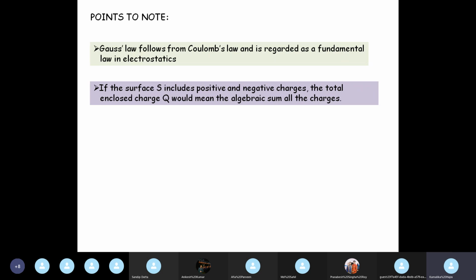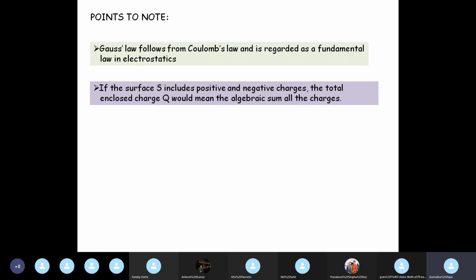So if we are applying Gauss's law to a closed surface in which the total charge is capital Q and there are discrete charges, then the total charge Q is the sum of all the discrete charges including their signs. You have to remember that. Whether the charges are positive or negative, that has to be considered. So you have to take the algebraic sum.